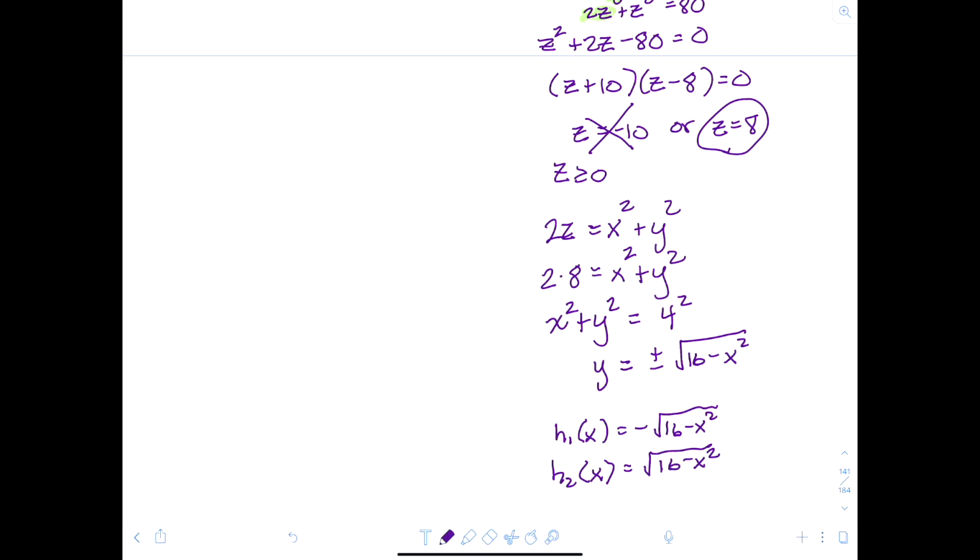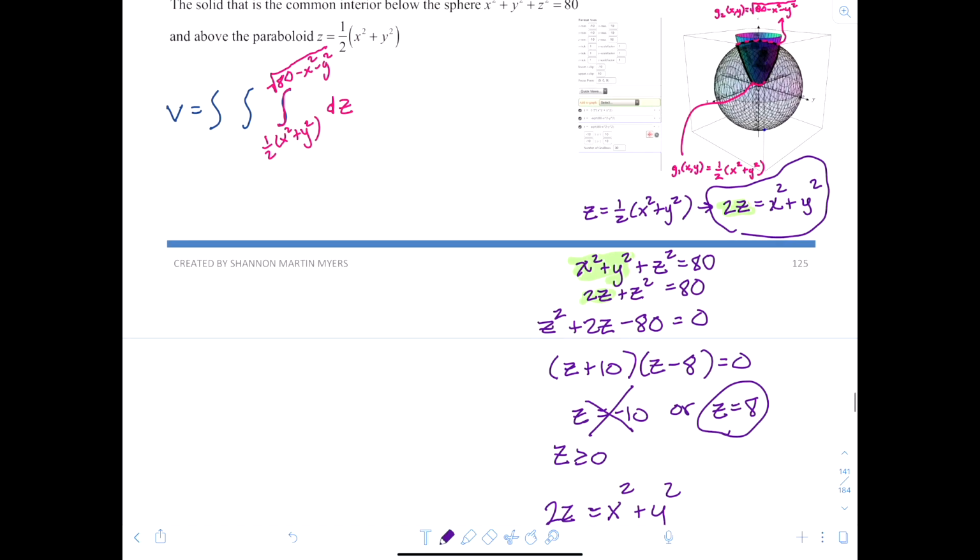Cool so far? All right, so we would have, in the purple, for our y, dy stuff, negative root 16 minus x squared, and then positive root 16 minus x squared.